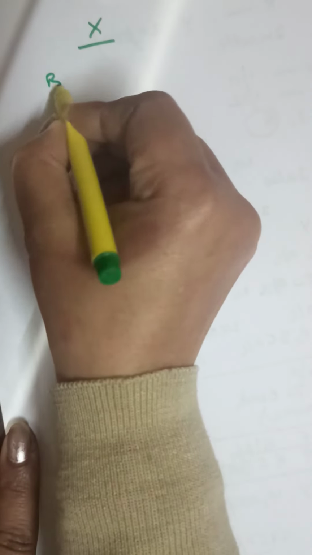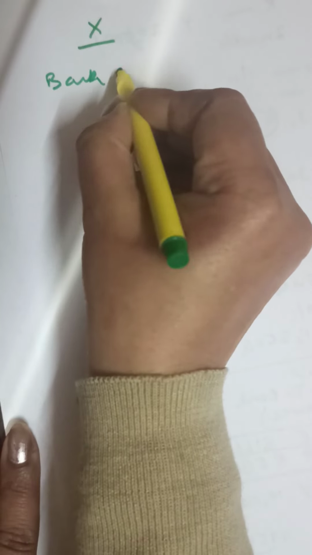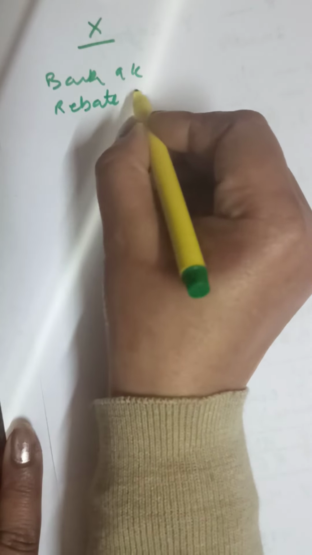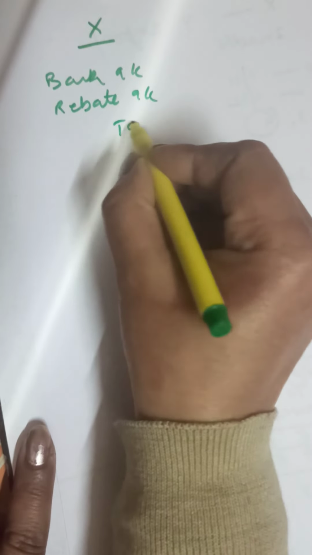In the books of X, the drawer, the entry will be bank account, rebate on bill account, to BR. The bill is being returned to BR.